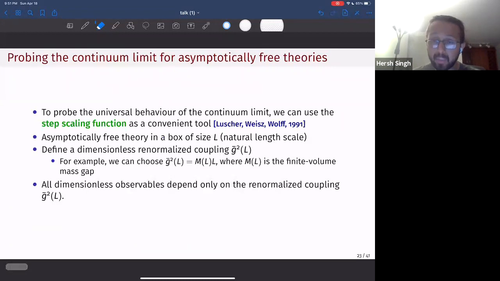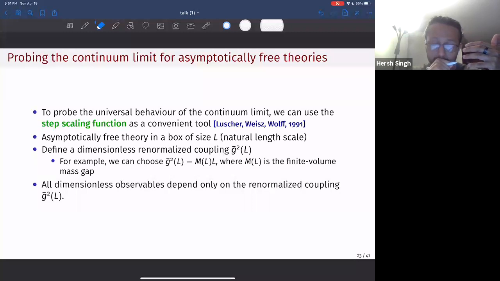Now we come back to the question of d equals 2, which was the really interesting one, where we have an asymptotically free theory. Remember, the question is always, how do you get not just the IR, but also the UV physics?